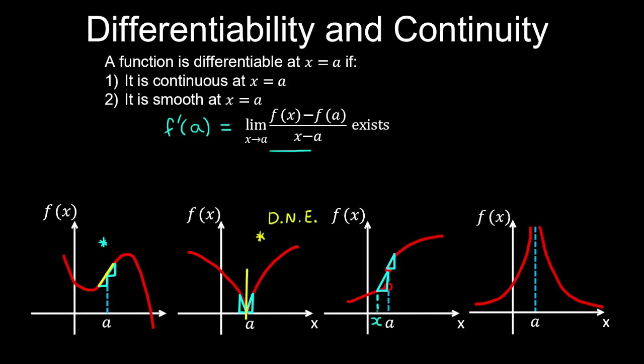So therefore the derivative does not exist, because as x approaches a from both sides, this limit is not the same. And similarly here, the function is discontinuous, so the derivative does not exist. That can be clearly seen by observing what happens to the slope as x approaches a from both sides of a.